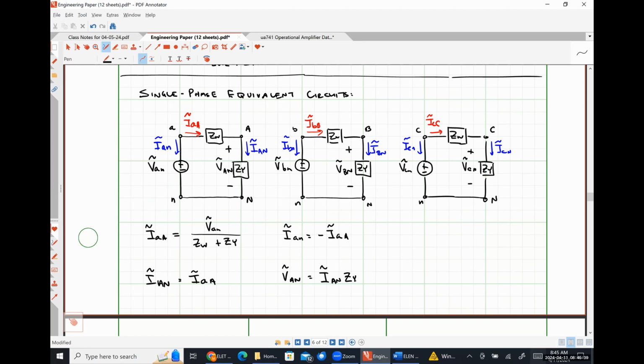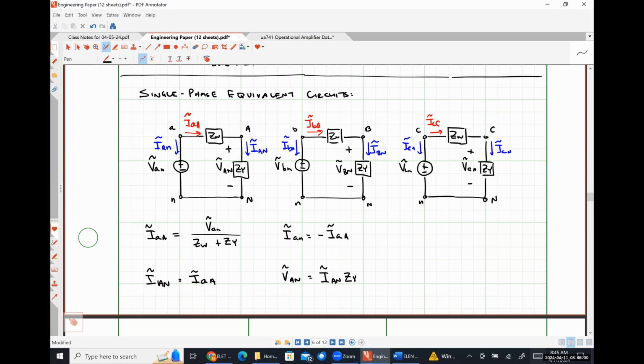Okay. We can solve for our phase voltages in our YY system. It doesn't matter if it's on the source side or the load side. We can solve for our phase currents in our system. Doesn't matter if it's the source side or the load side. And we can also solve for our line currents.